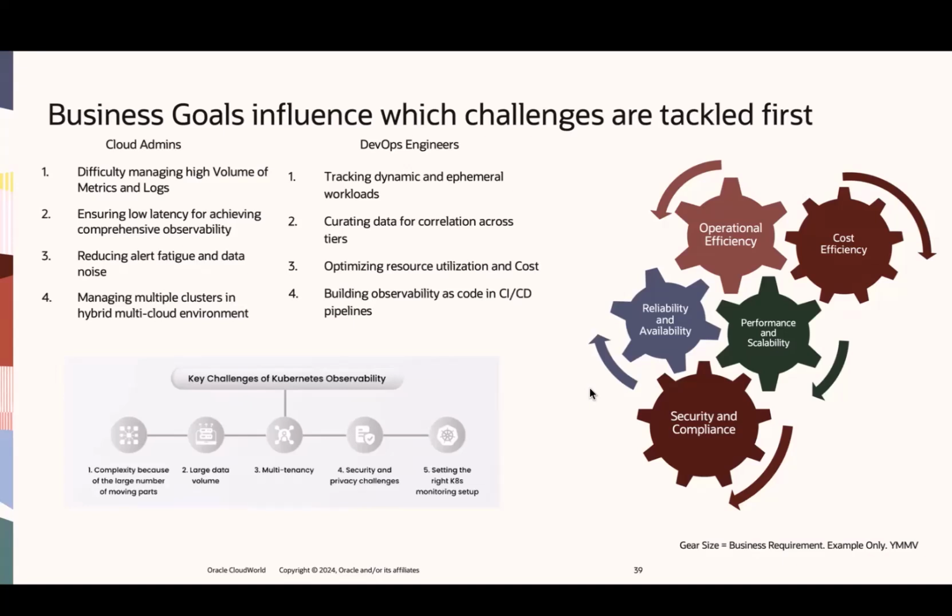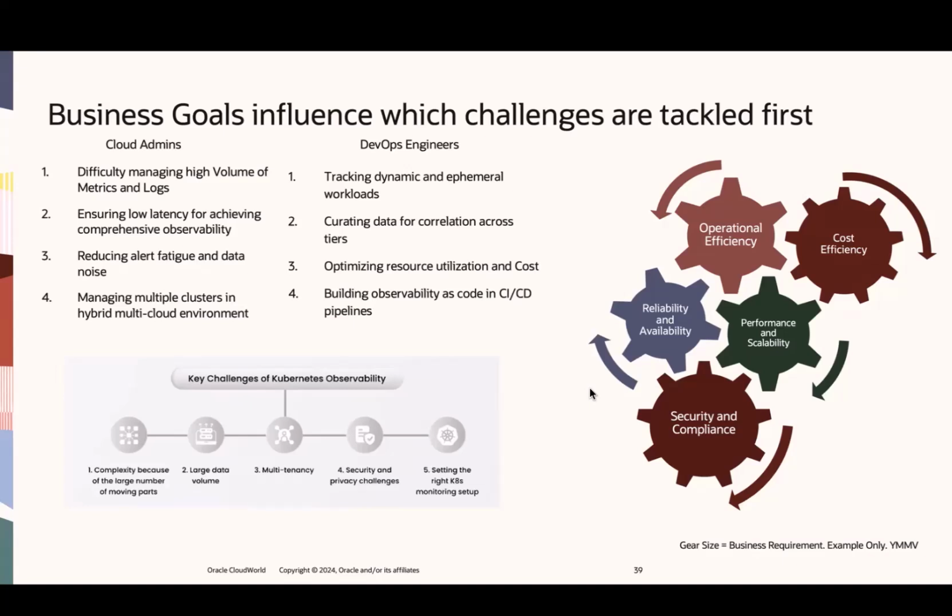And we are handling all of these challenges that cloud admins and DevOps engineers face in a simplified way, starting from easy deployment and discovery to continuous monitoring of these workloads, including your infrastructure as well as the platform.